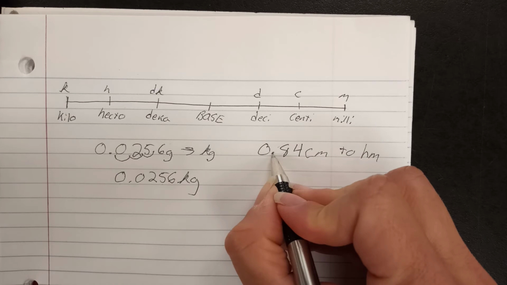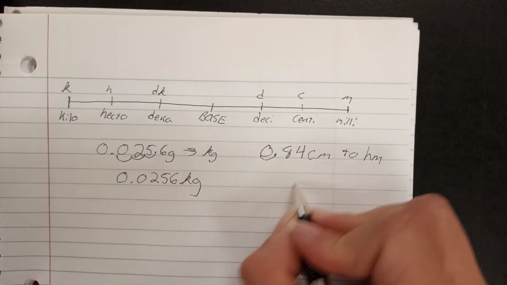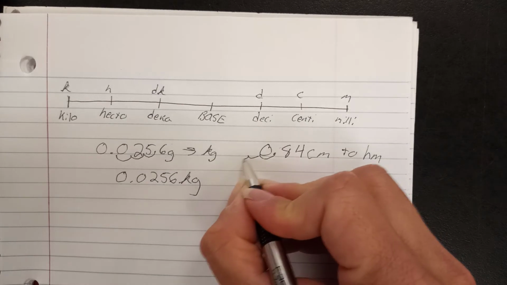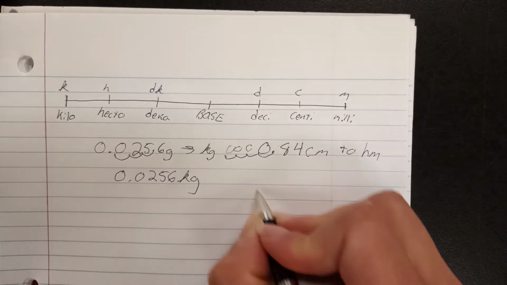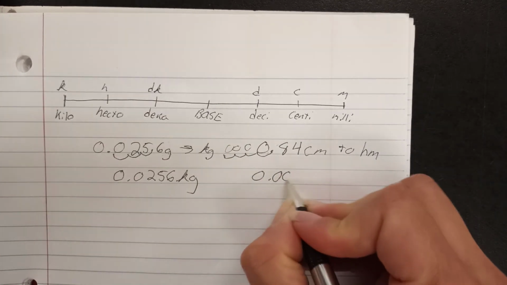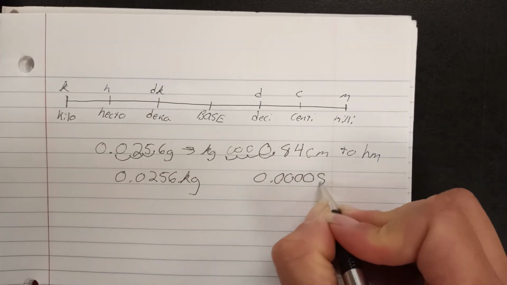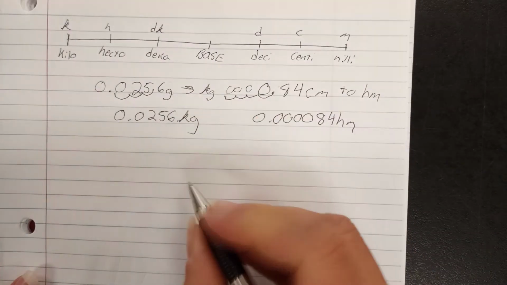So it's here. We go out. Oops, I meant to go the other way. Okay. 1, 2, 3, 4 spaces. We'd fill those in with zeros. So we get 0 point, there's 4 zeros, 1, 2, 3, 4, 8, 4 hectometers. I'll pay attention and actually go the other direction.